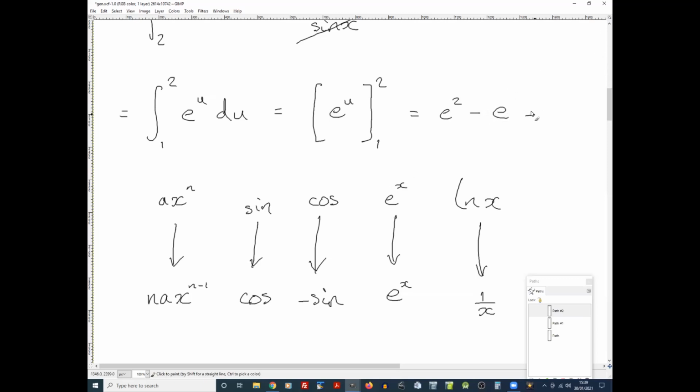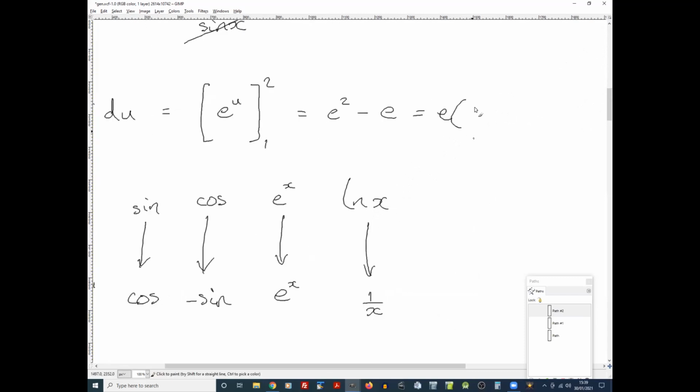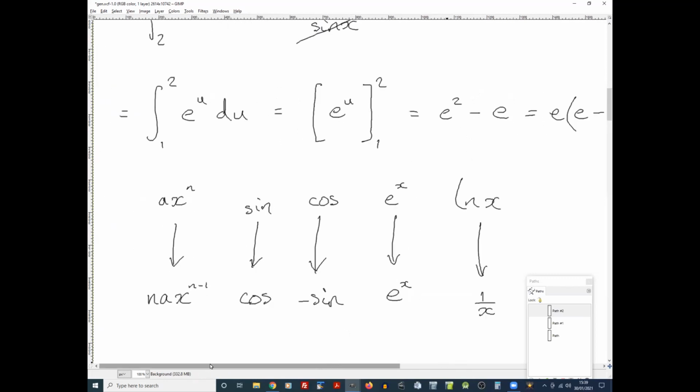I think they factorized, didn't they? They took e out. And inside, was it e minus 1? Oh, okay. All right.